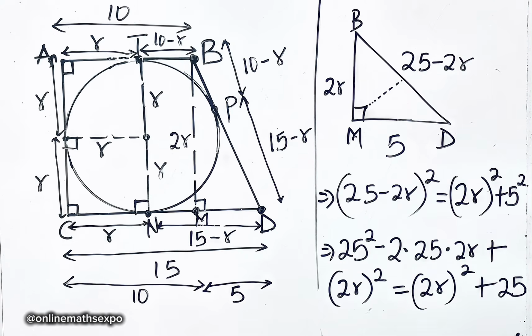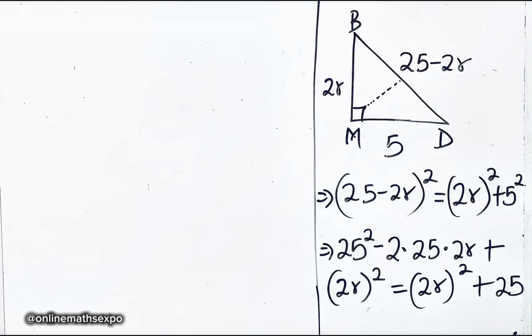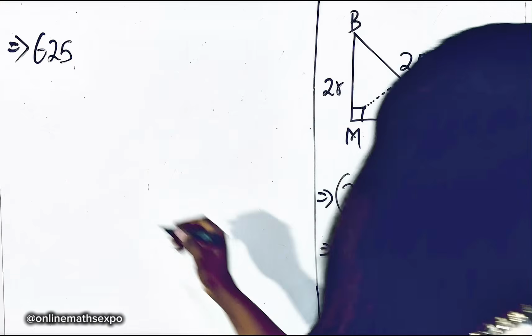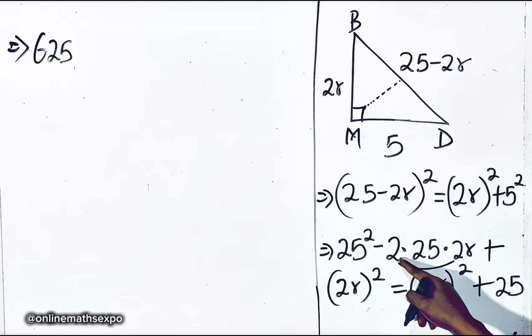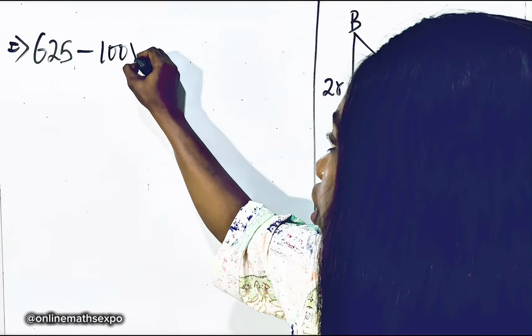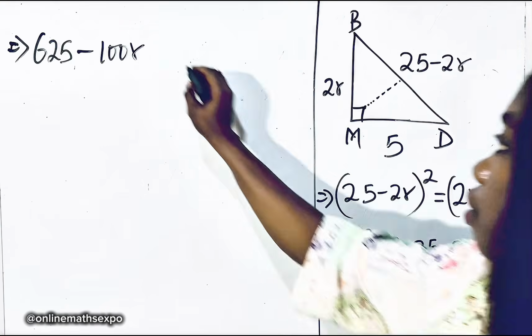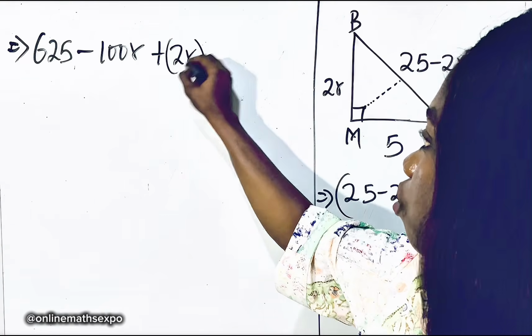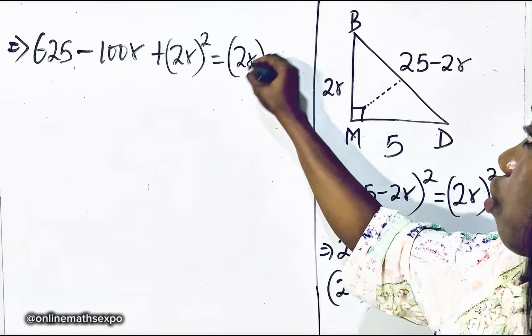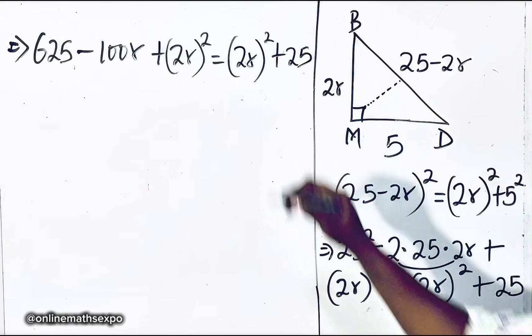Let's keep solving. Let's take it to this part. From here, we are going to now have 25 squared, which gives us 625. Multiply this, 50 times this will give us minus 100R, plus 4R squared is equal to 4R squared plus 25.